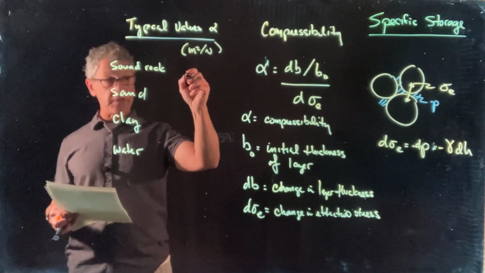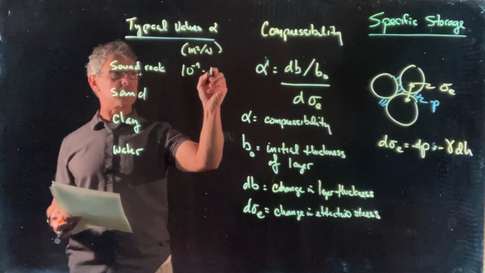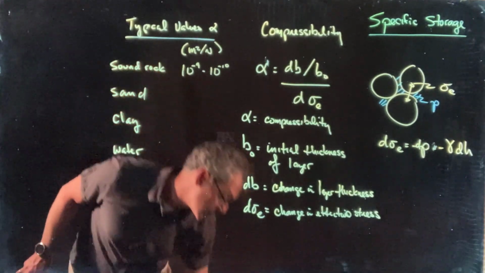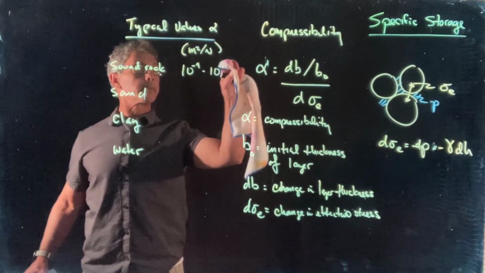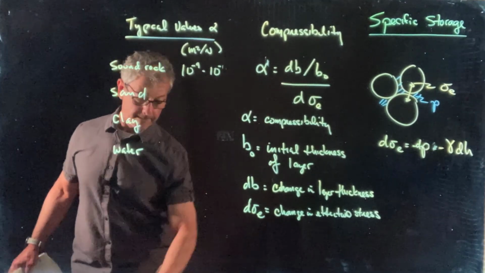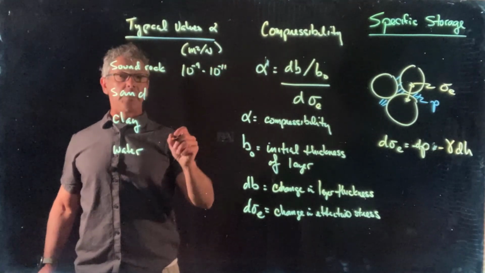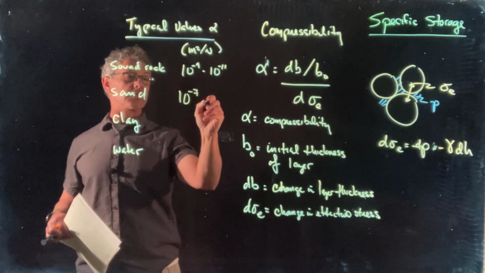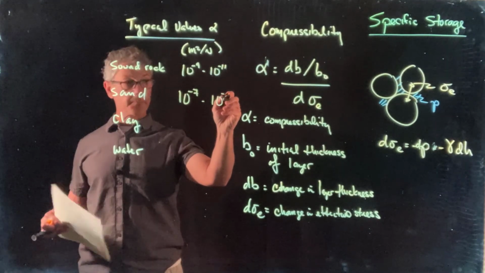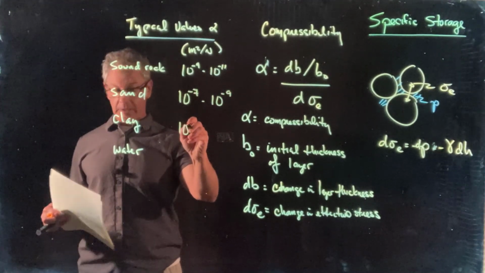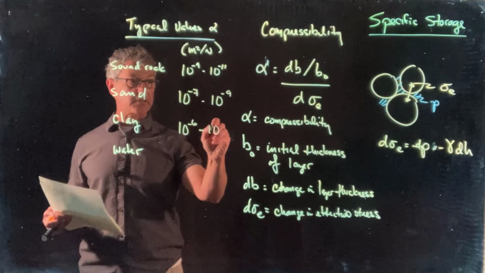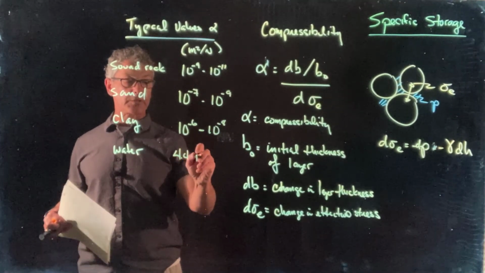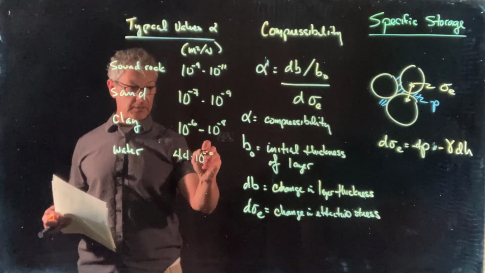It ranges between 10 to the minus 9th to 10 to the minus 10th. Let's make that 10 to the minus 11th for sound rock. And for sand, we have 10 to the minus 7th to 10 to the minus 9th. And for clay, 10 to the minus 6th to 10 to the minus 8th. And then water has a compressibility about 4.4 times 10 to the minus 10th.